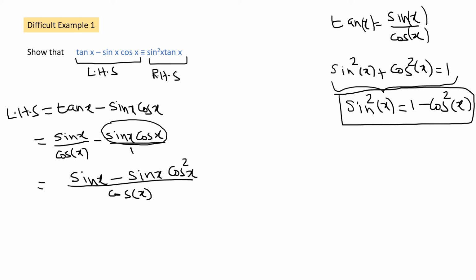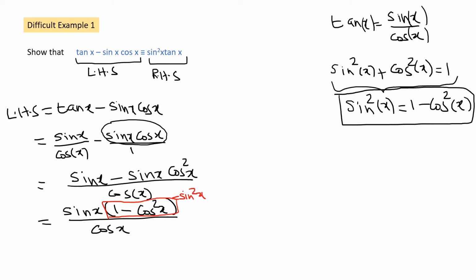In the numerator, we can take sin x as a common factor. So if we take the common factor outside, we will get sin x times 1 minus cos squared x, divided by cos x. Now, as I said before, from our second identity, this 1 minus cos squared x equals sin squared x.